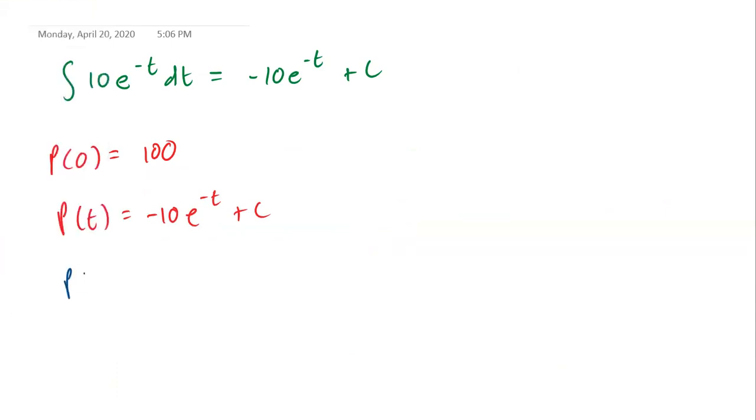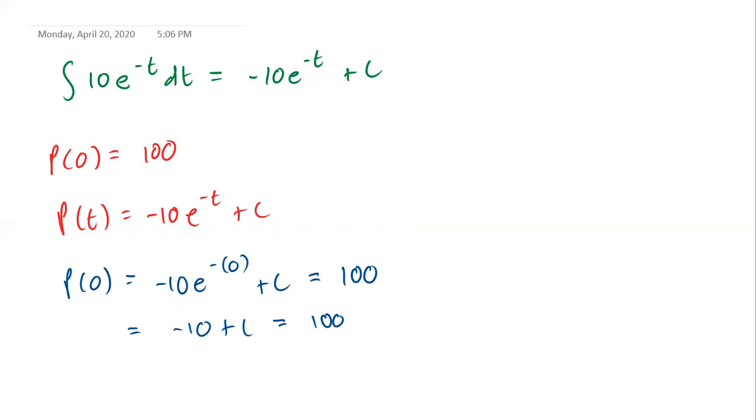Being that I can plug in 0, okay, so negative 10 e to the negative 0 plus c, this should be equal to 100. We can simplify. E to the 0 is 1, so we have negative 10 plus c equals 100, from which we get, we'll add a 10 to both sides, c equals 110.